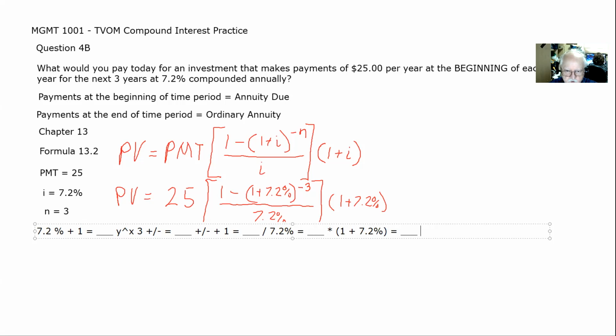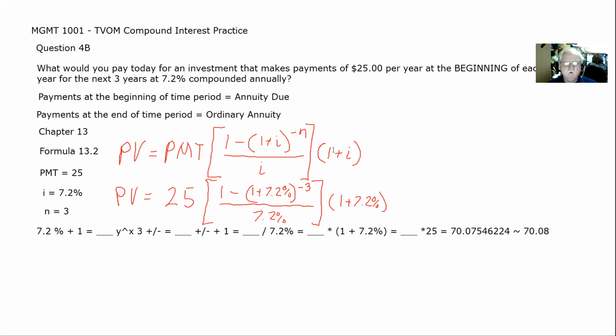And now we can multiply this whole thing by 25 and see what that equals. And I end up getting a number that looks like this, 70.075464624. But we're dealing with money here, so we only want 2 decimals. So 70.08 by the looks of it.